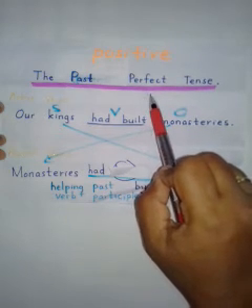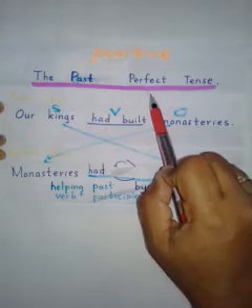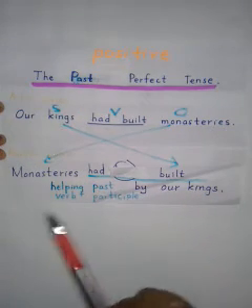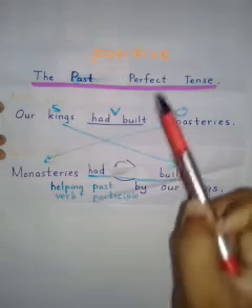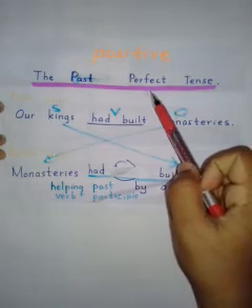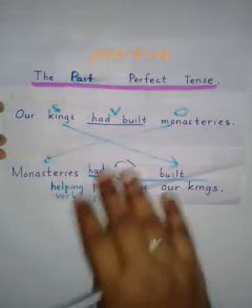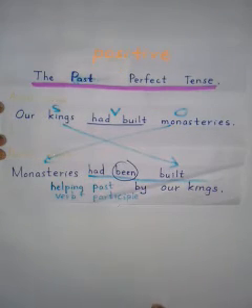So we must put another helping verb here. That is, to show the perfect form, we must use the past participle of the verb be.